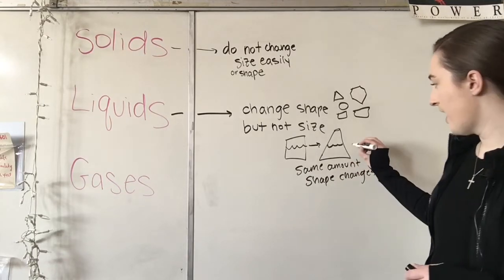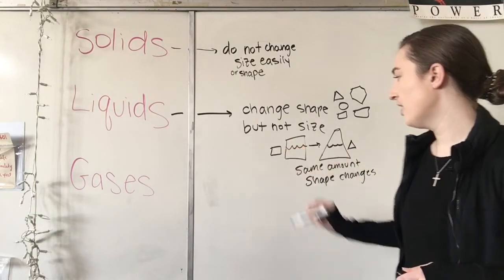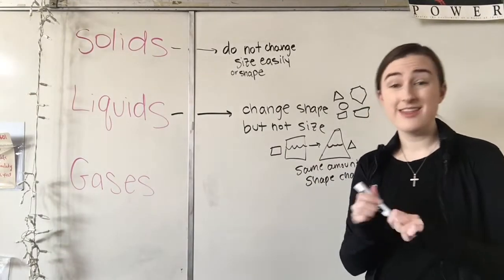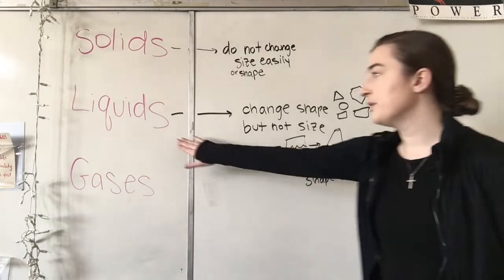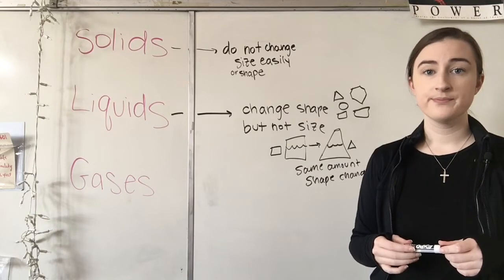So now it's a triangle, but it started out as kind of a square, I guess. That's what we mean by shape and size. They are not the same thing. So liquids change shape, but not size.